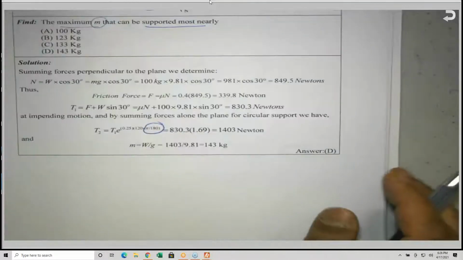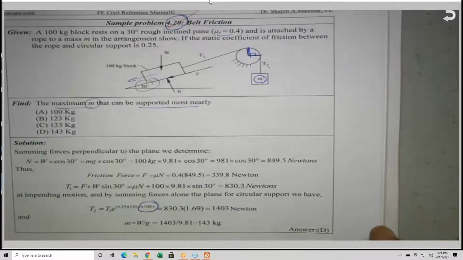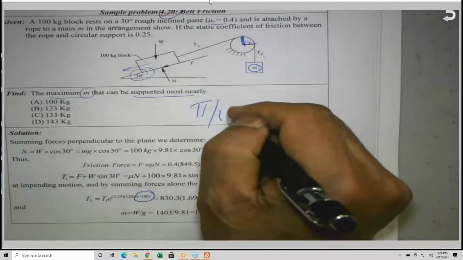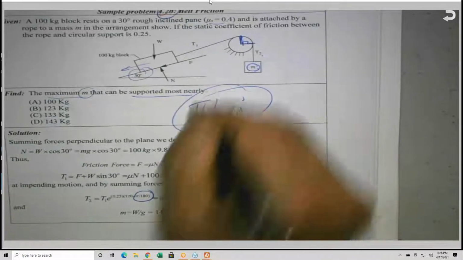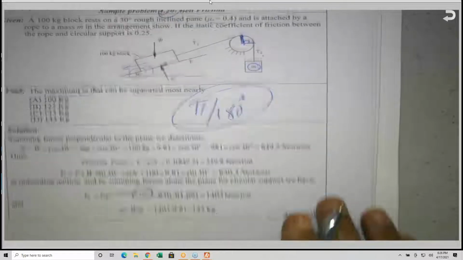So you take whatever the angle of contact is, and you multiply it by pi over 180. This is what we use to convert from degrees to radians.